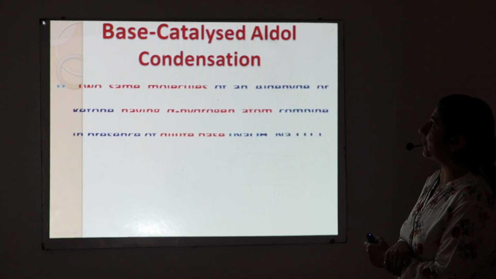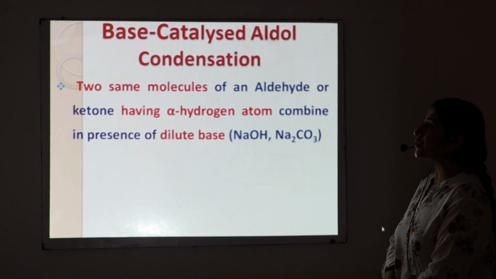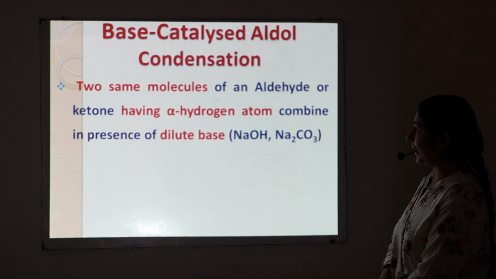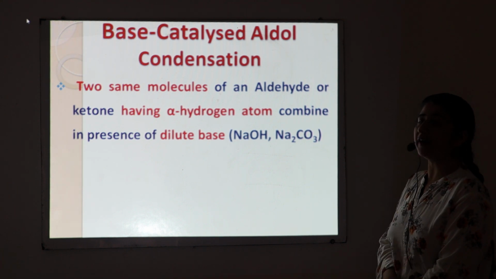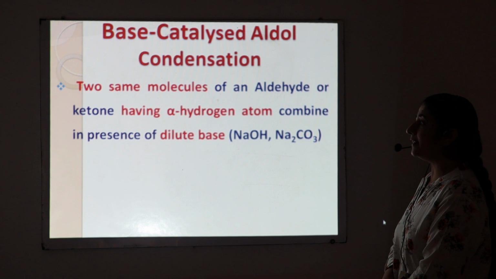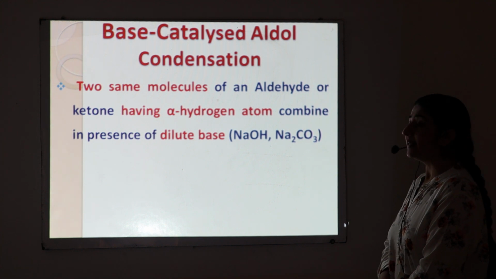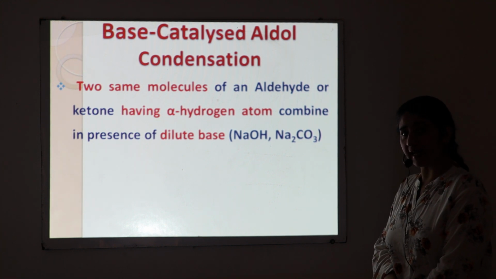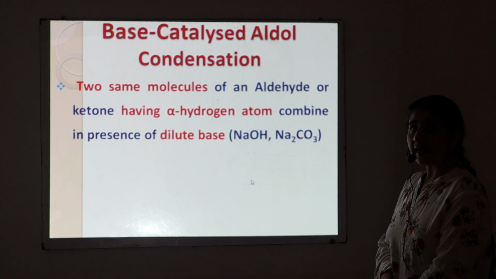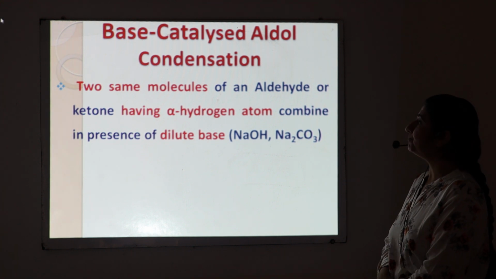In the base catalyzed aldol condensation reaction, two same molecules of aldehyde or ketone having alpha hydrogen atoms combine in the presence of a dilute base such as dilute sodium hydroxide, sodium carbonate or barium hydroxide.